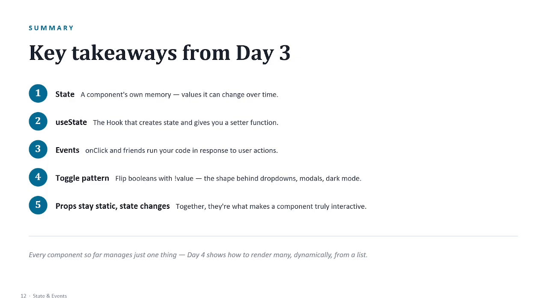Then we covered the toggle pattern, that is flipping a boolean with an exclamation mark and then the value, which is the exact shape behind dropdown menus and dark mode. And finally, we understood that props stay static while state changes. And you must remember that a plain variable is invisible to React, but state is not.